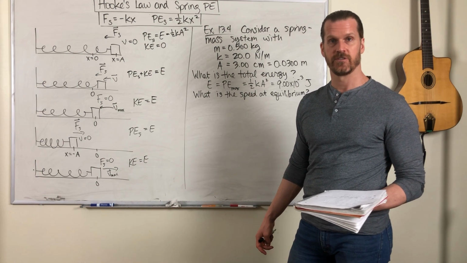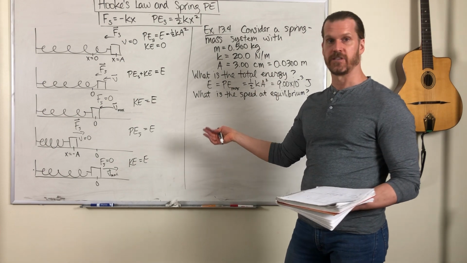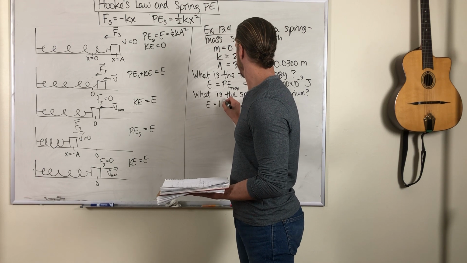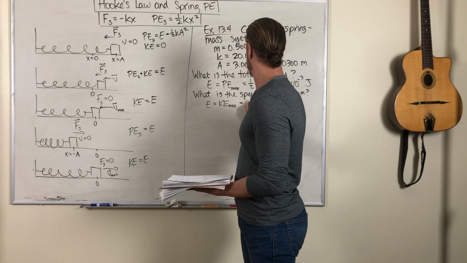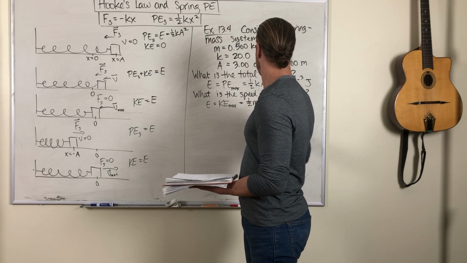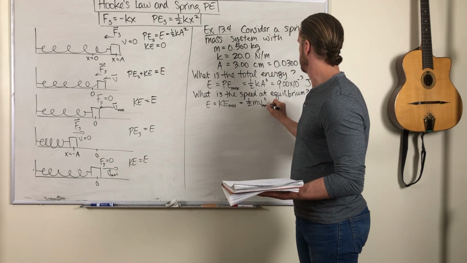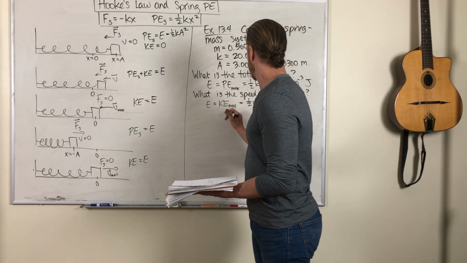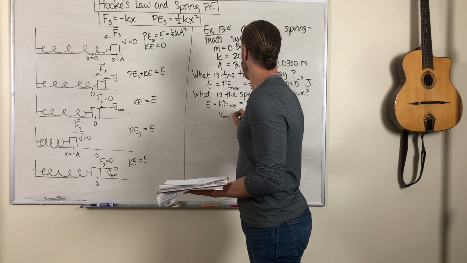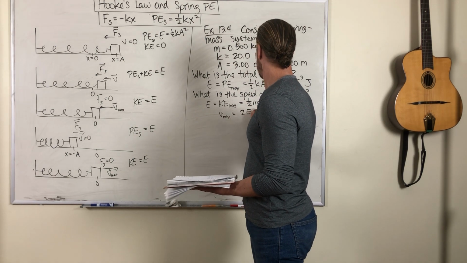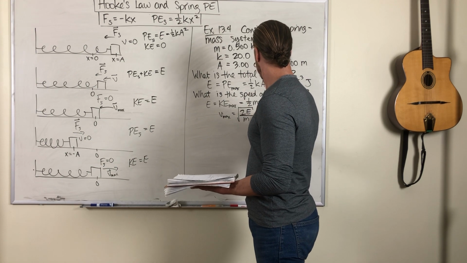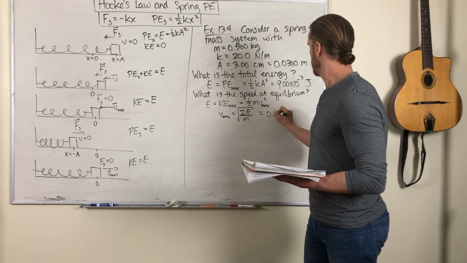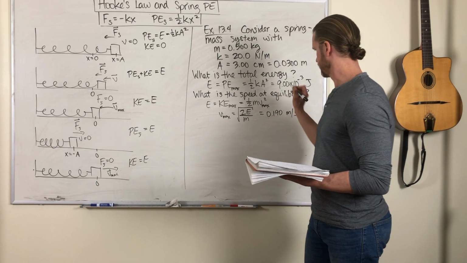The spring isn't stretched, so all of that energy is from the motion of the block. So we can say the total energy equals 1/2 mv squared, and that maximum speed would be the square root of 2E over m, which gives you 0.19 meters per second.